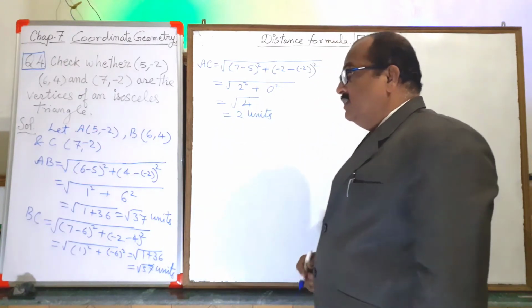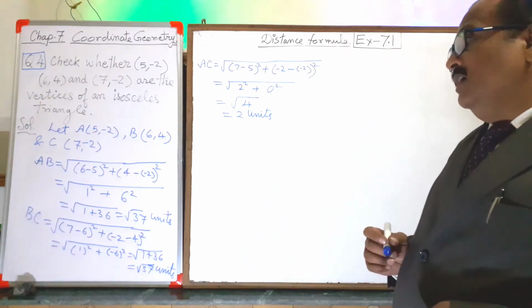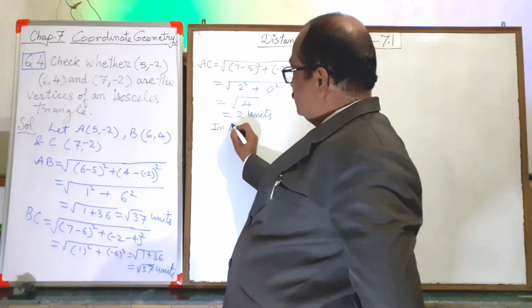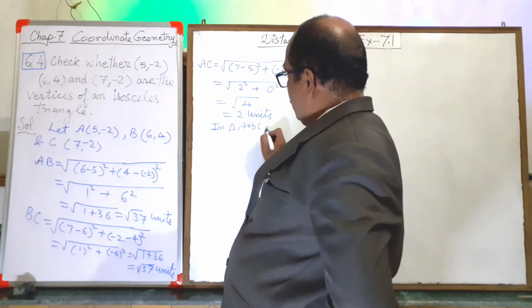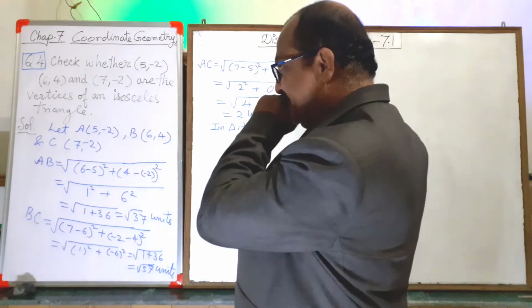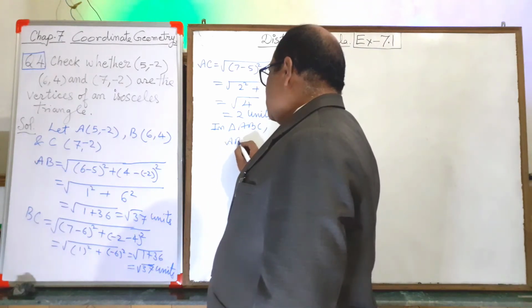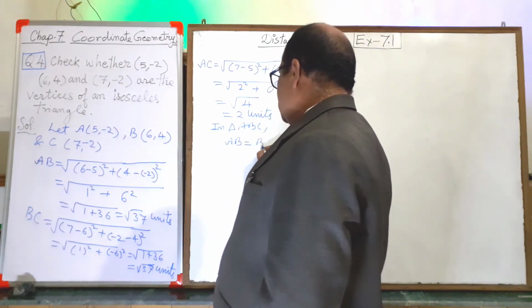What are you observing here? You can observe that in triangle ABC, AB is coming equal to BC.